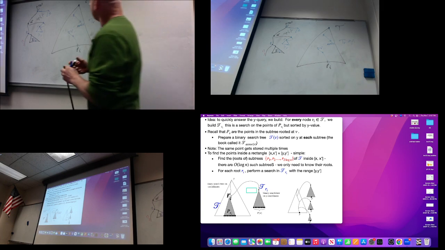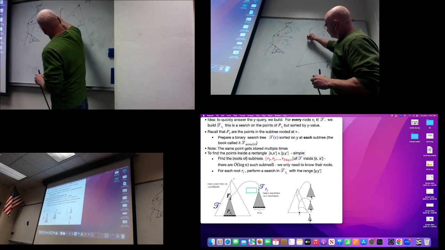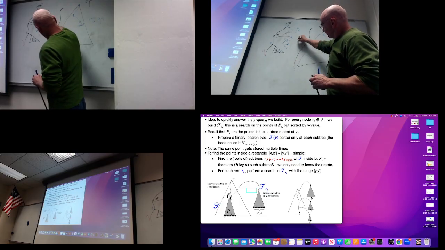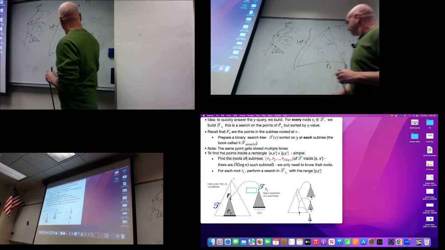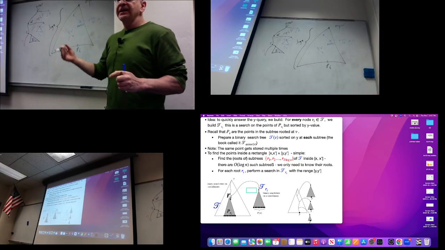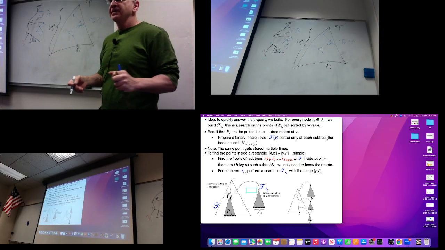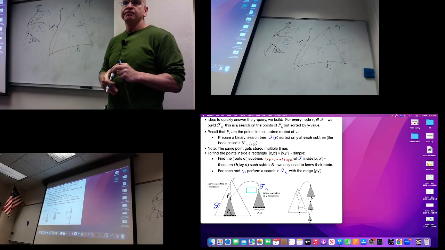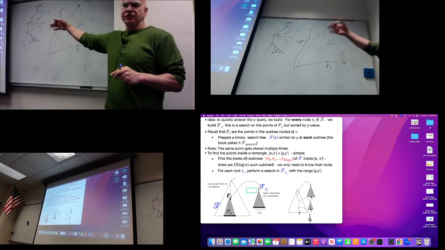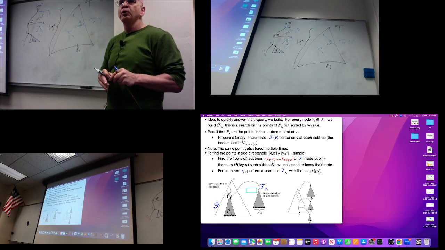So, yes, the height of this tree is log n. If I have 17 points in a subtree, I need to spend 17 units of memory. What is the memory requirement of this tree, for the whole structure? It's called the two-dimensional range tree.